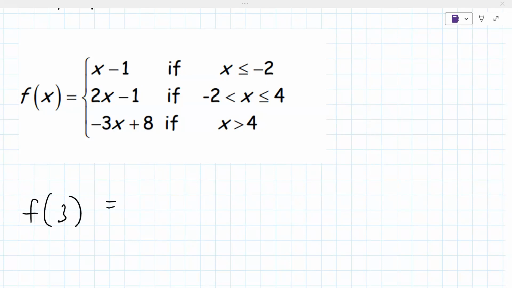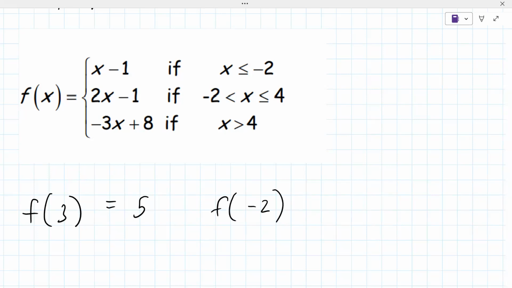Okay, I agree. Should be 5. Good. What about f of -2? It would be the top one. Agreed.